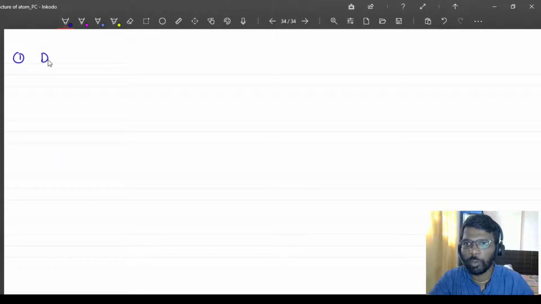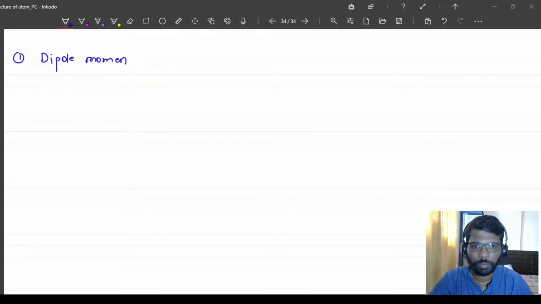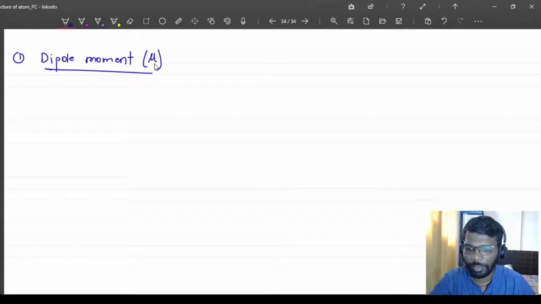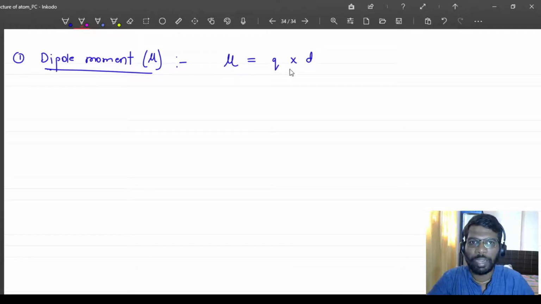First is the dipole moment, mu, of the hydrides. We know from the previous lecture that dipole moment mu is given as q into distance. So this mu is dependent on the charge and also the distance.